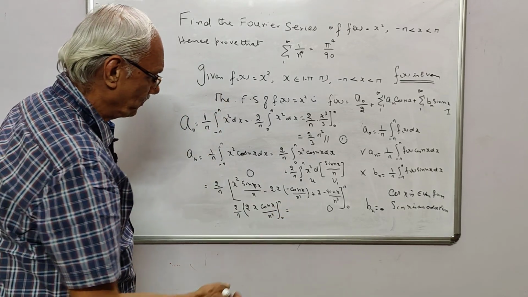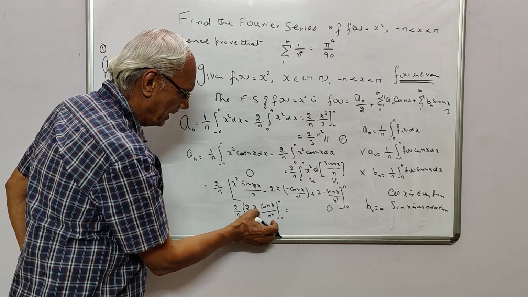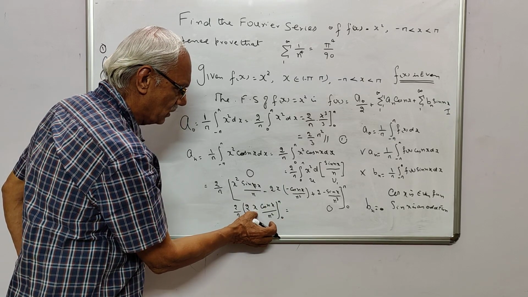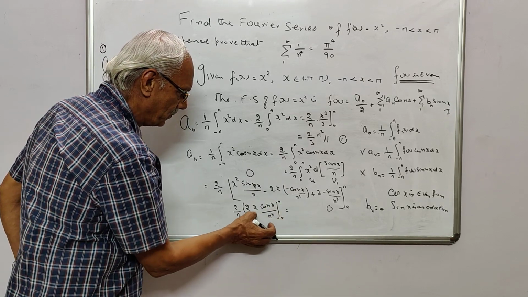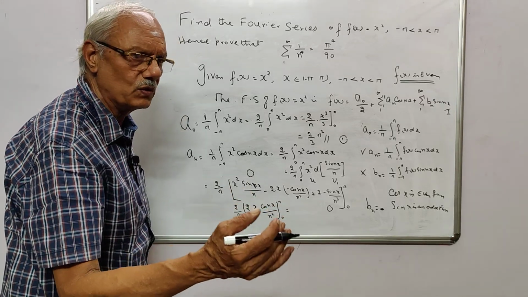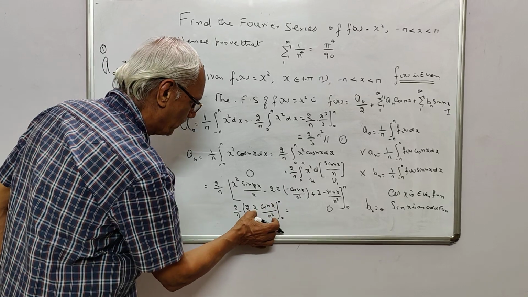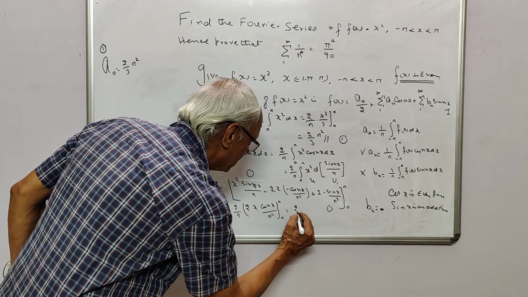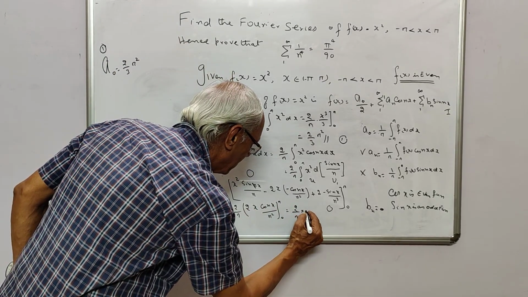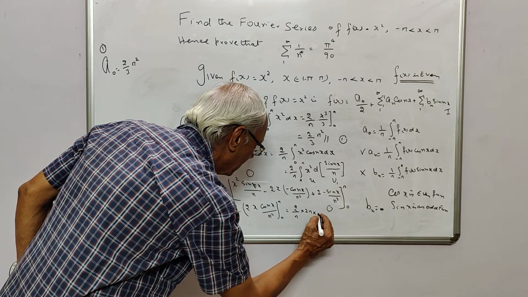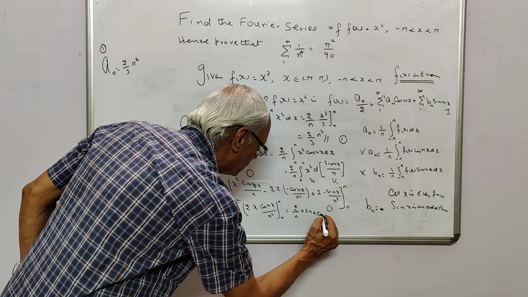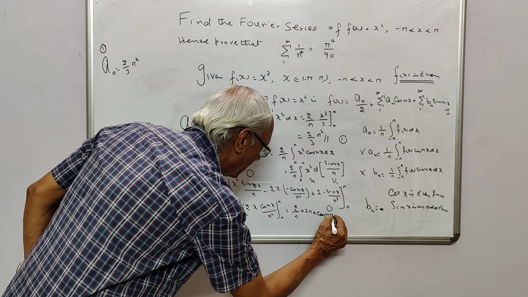Now you see that for the first limit you apply x is equal to pi. For the second limit, if you put x is equal to 0, the whole thing will become 0. So there is no need to try that. So put only x is equal to pi, you will get 2 by pi into 2 pi into cos of n pi.